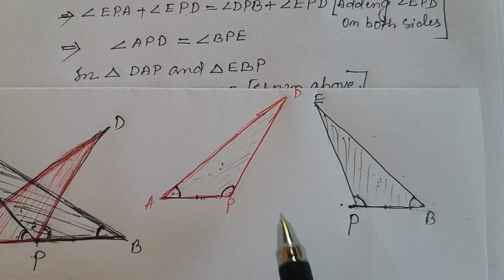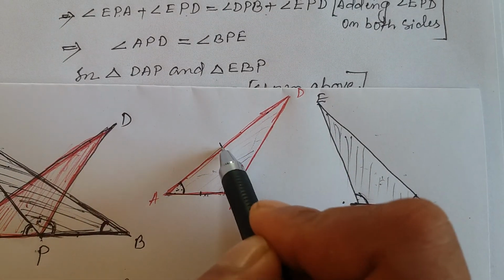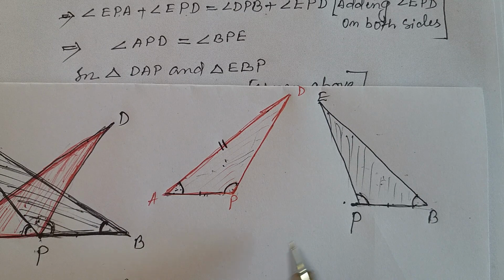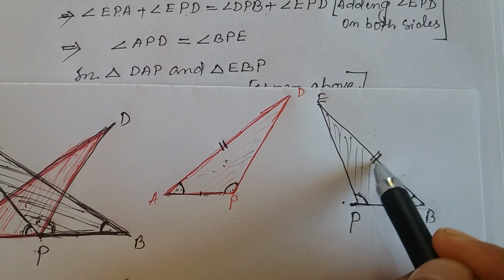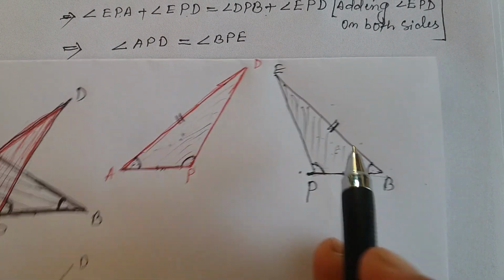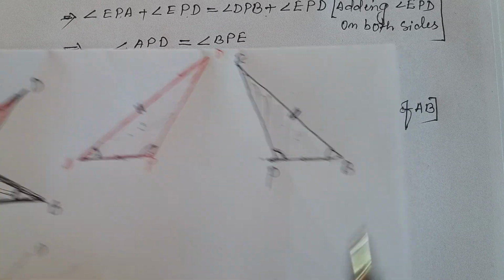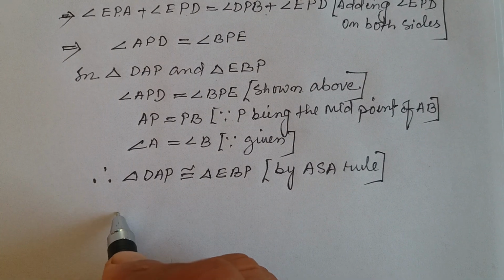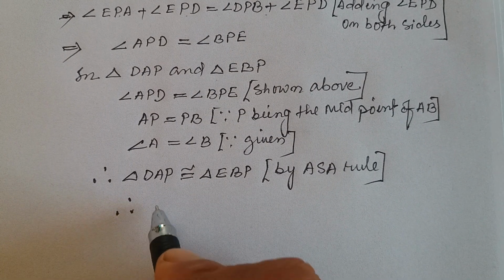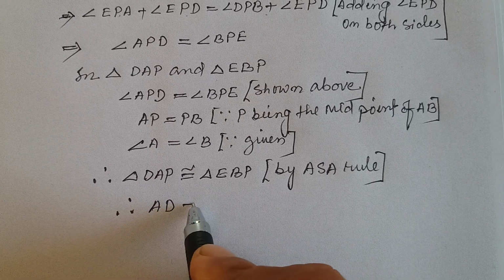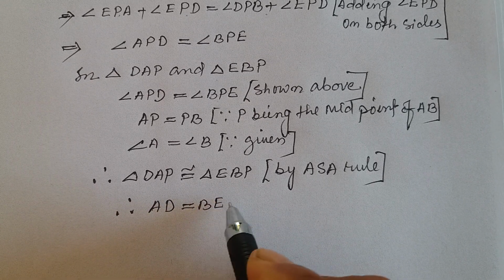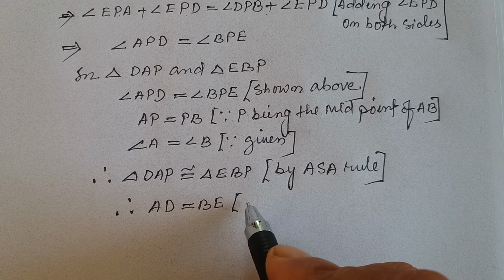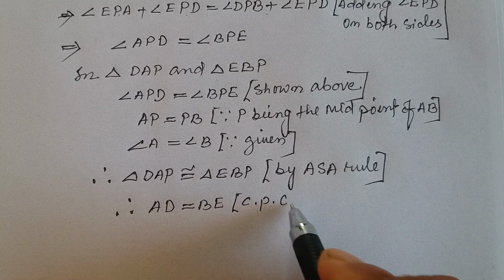So we can say that AD and BE are equal because they are corresponding parts of the congruent triangles. So here AD is equal to BE. CPCT.